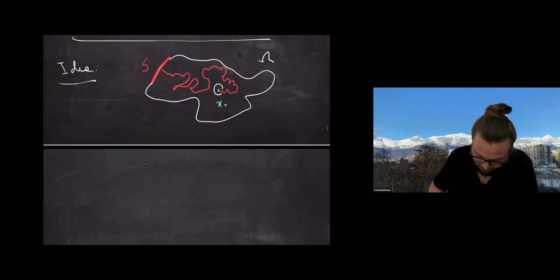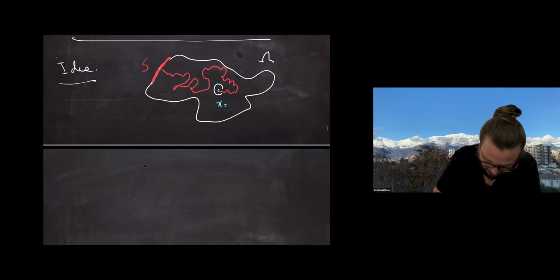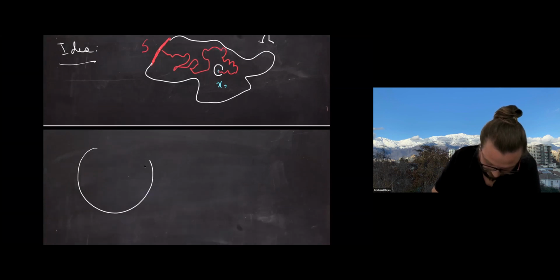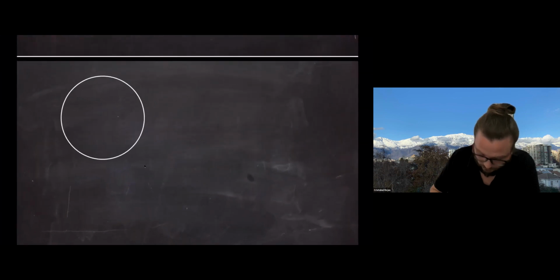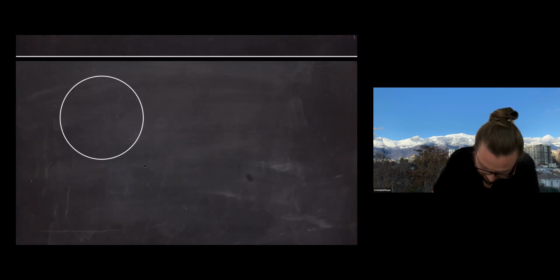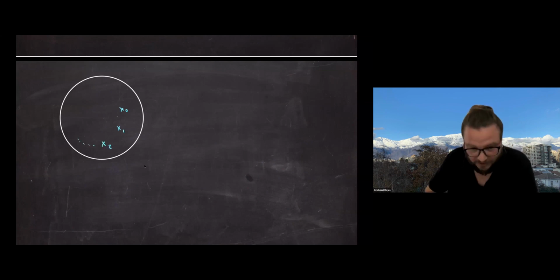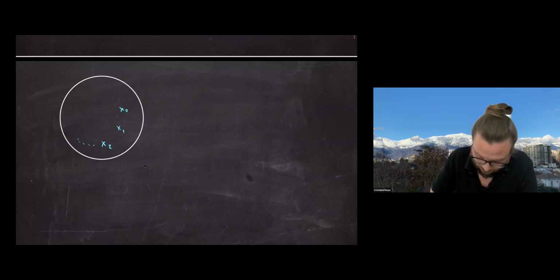Okay, so using this, we can construct, for example, inside a circle, we are going to mark points x0, x1, x2, and so on, one for each machine. So we enumerate machines.